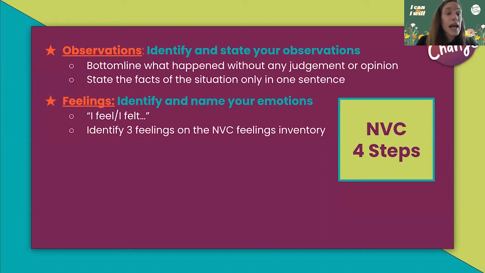Marshall Rosenberg has listed out a bunch of feeling words and feeling families that you can draw on to help you identify how you felt as a result of whatever it is that you're communicating about. So I felt sad, frustrated, and confused, for example. And I'll show you what that looks like.